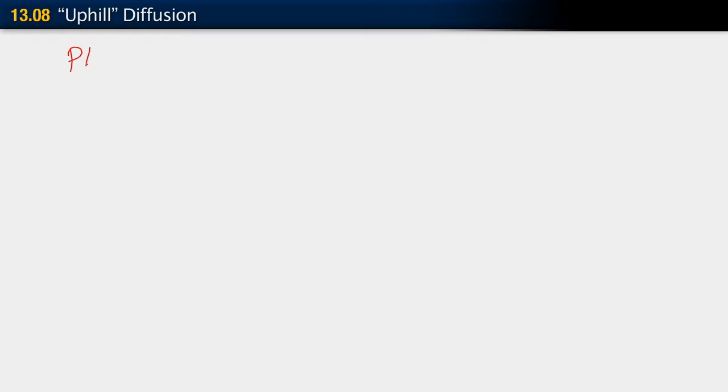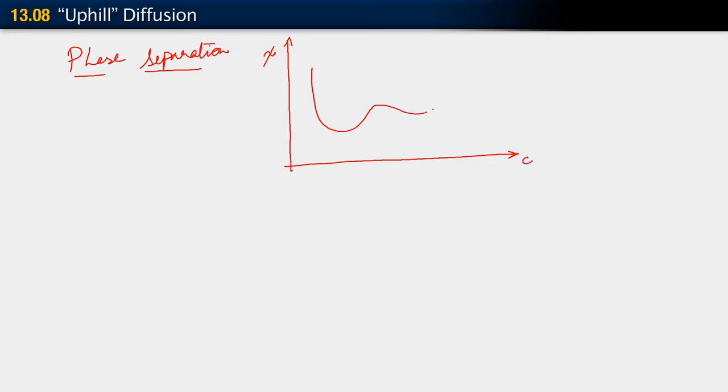The plot of free energy. So when it has that non-convex shape, phase separation happens.